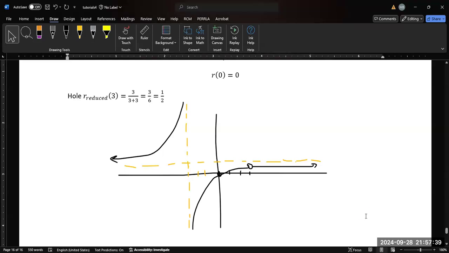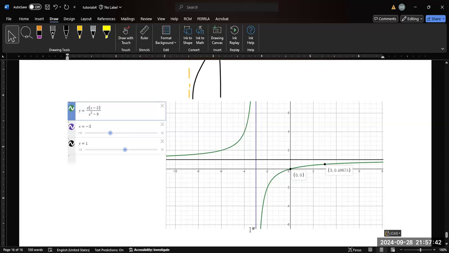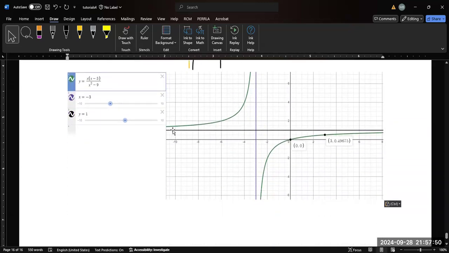All right, and so what do we end up with? We end up with this graph. I've plotted in purple here the vertical asymptote so we can see it is approaching on either side. I've also plotted the horizontal asymptote in black so that you can see the graph in green, our function, is approaching above and below.